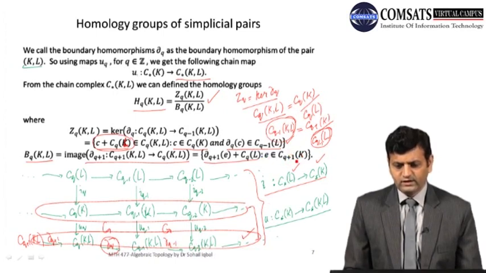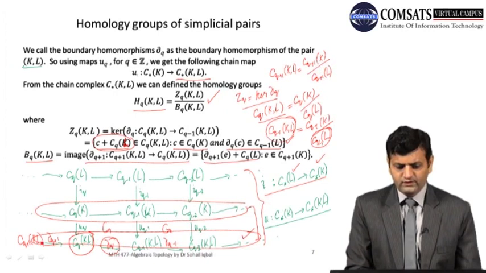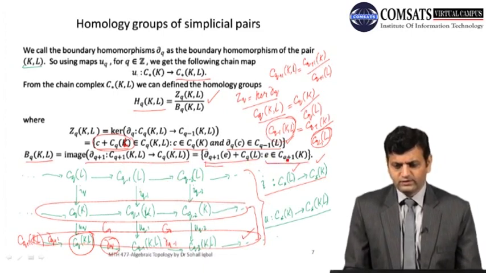Because C_{q+1}(K,L) is equal to C_{q+1} K quotient with C_{q+1} L. So that's why we are saying that an element of C_q(K,L) will be the image of some element of C_{q+1}(K,L) if there exists an element e belonging to C_{q+1} K such that it becomes ∂_{q+1} e + C_q L.